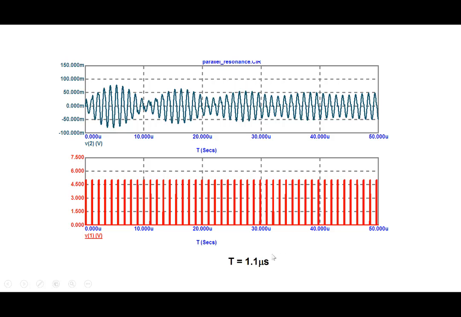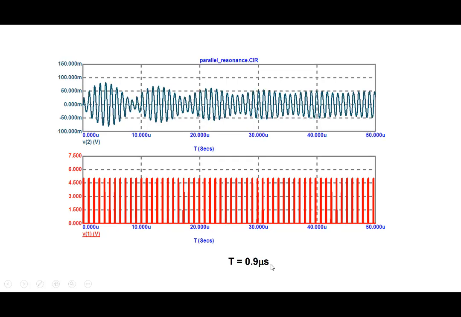Note the amplitude is only 50 millivolt here. For example, the spacing of the train of impulses is 1.1 microsecond. Similarly, if I apply a little faster impulse, let's say 0.9 microsecond, again the system is oscillating, but the amplitudes are relatively small, 50 millivolt.